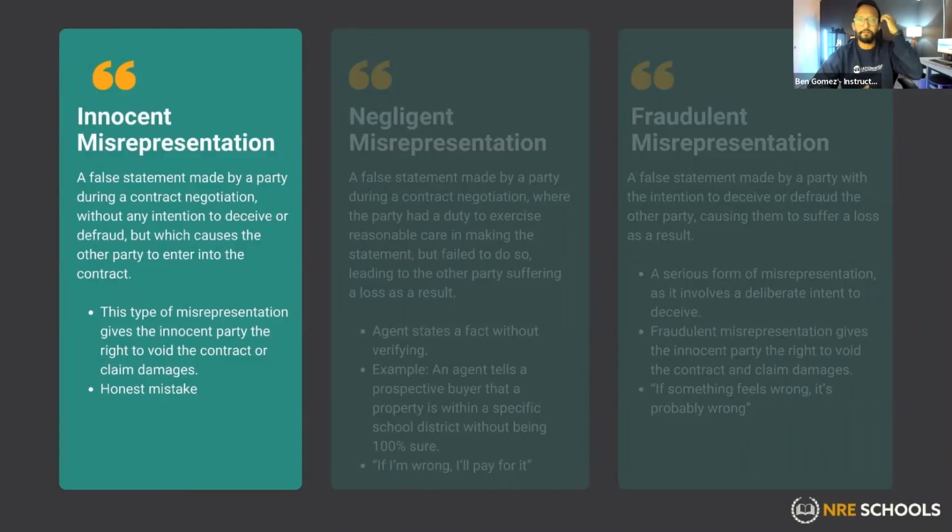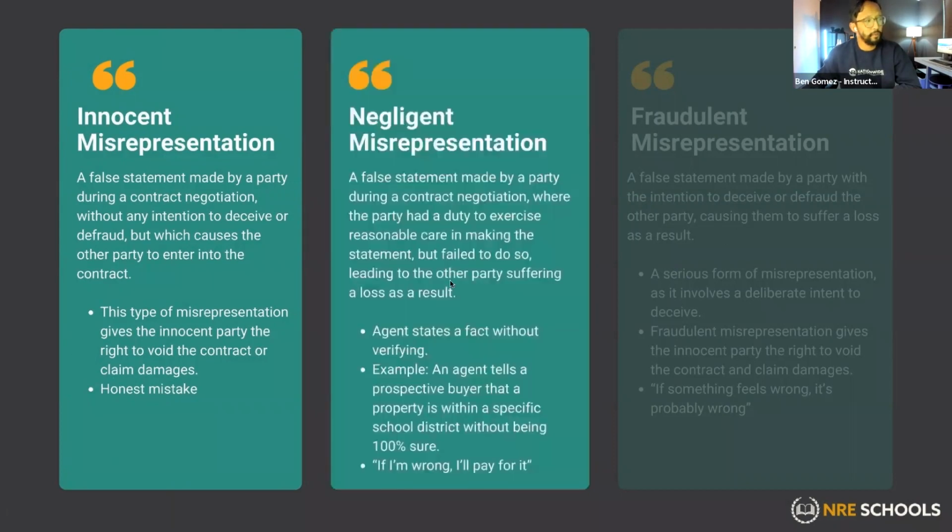Eugene says it's 1575. Carla says it's 1575. But maybe they get someone out there to measure it and it's 1400. Honest mistake. They didn't know. They did not intentionally mean to do it. That's innocent misrepresentation. This one is the most common.